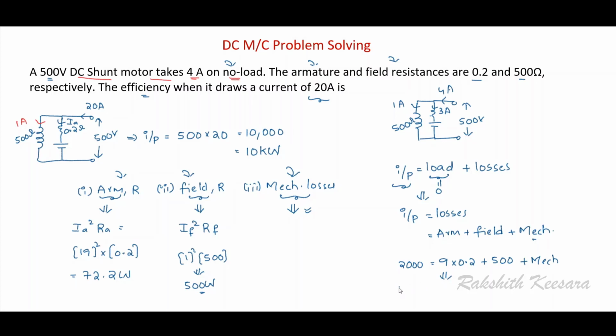So from here mechanical losses will be 2000 minus 500 minus 1.8, that is 1498.2 watt. So mechanical losses are 1498.2 watt.